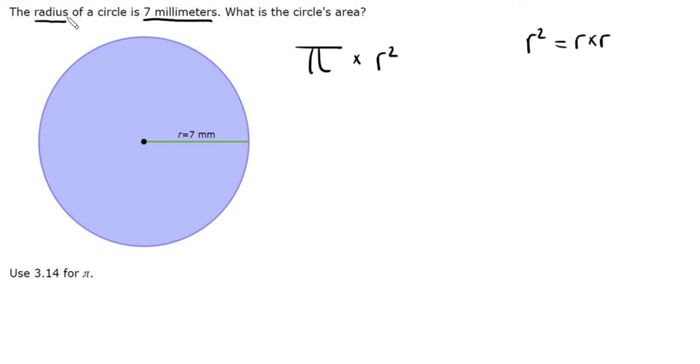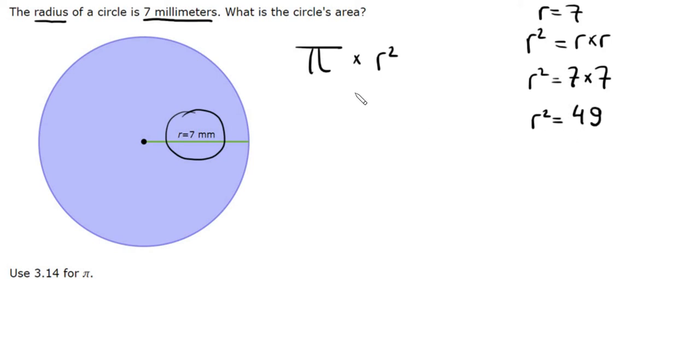R is given here: r is equal to 7 millimeters. So r squared is 7 times 7, which is 49.